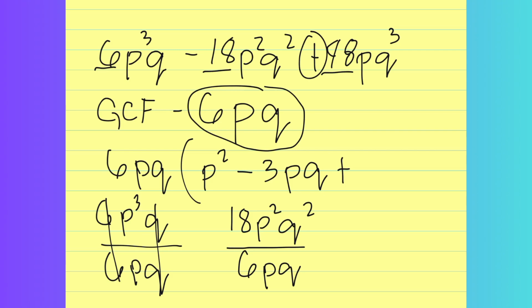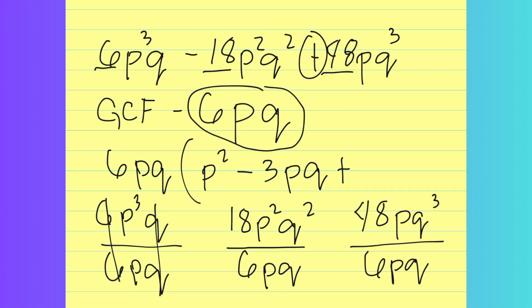And again, for the third term, 48pq cubed, divide it by our greatest common factor, 6pq. Now, how many 6 are there in 48? We have 8. And cancel the p, so q cubed divided by q, we have q squared.